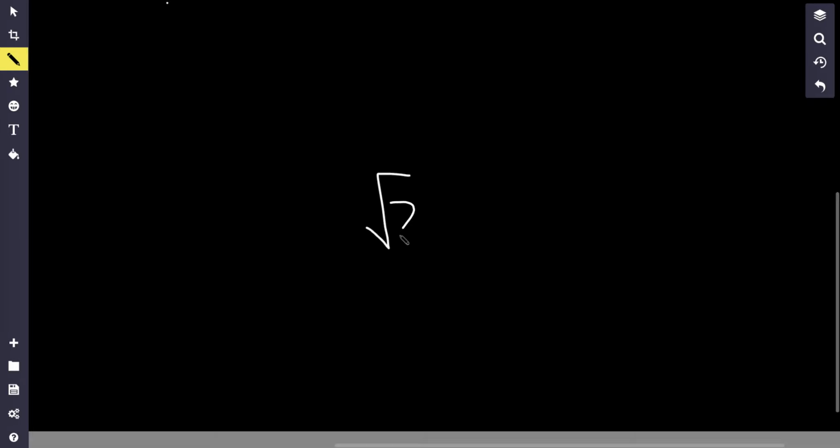Now, just like in math where you rationalize the denominator, for example if I have the square root of 2 divided by the square root of 5, mathematicians don't like radicals in the denominator.